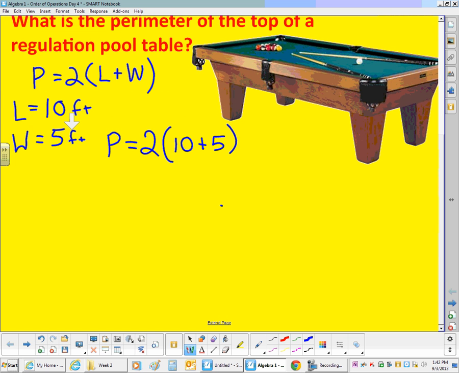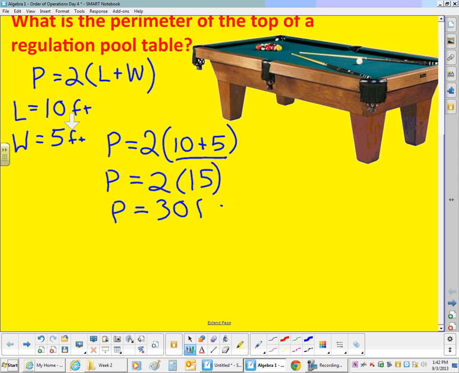So now we need to deal with the parentheses first because order of operations says parentheses is highest priority. 10 plus 5 gives me 15, and I still have the 2 on the outside. So now I just need to multiply 2 times 15, and I get the perimeter equals 30, and then I said the units was feet, and that's our answer.